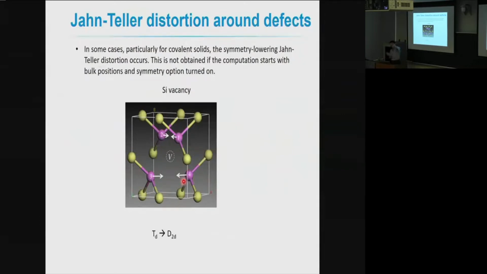Originally it was a tetrahedral geometry, but as these two atoms get closer, the symmetry is lowered. Such a symmetry-lowering distortion is called the Jahn-Teller distortion, and by doing so the symmetry group is lowered from Td to D2d.